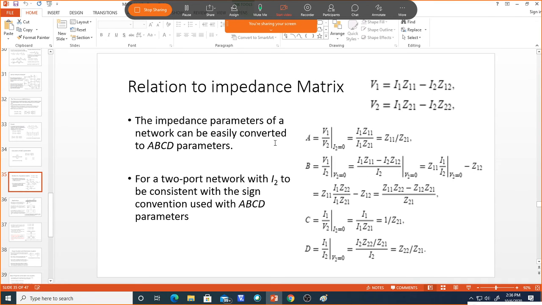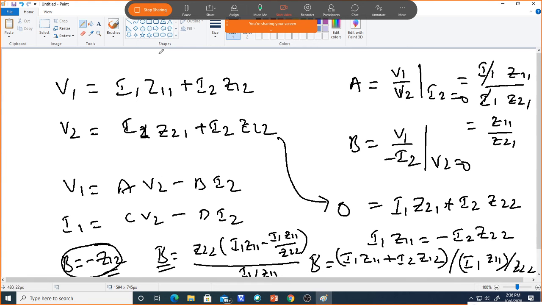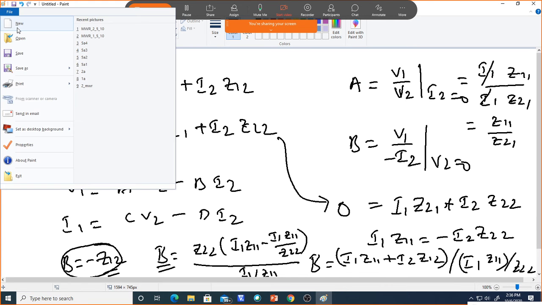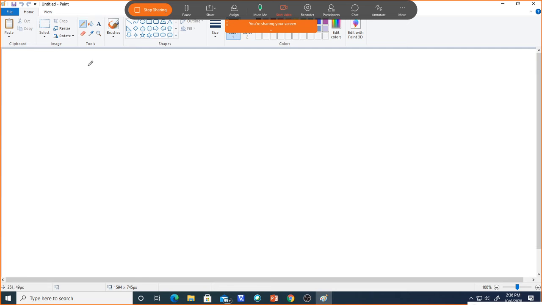Just substitute V1 divided by I2. In this method also you can do it, so instead of substituting the whole I2, that is also possible. Just substitute V1 as I1 Z11 plus I2 Z12.